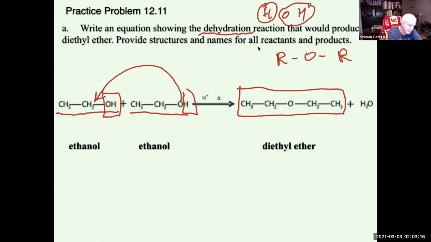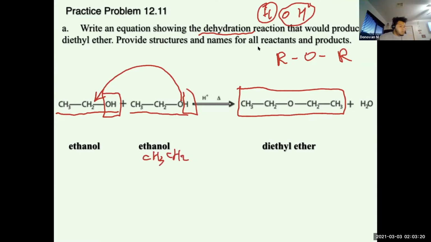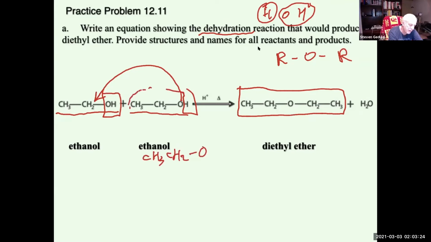So you end up with CH3, CH2, and there's an O, this section right here. And it connects to the CH2, CH3, which is this compound right here, diethyl ether plus water. And that's a dehydration reaction. So the dehydration reaction of an alcohol is going to produce an ether.